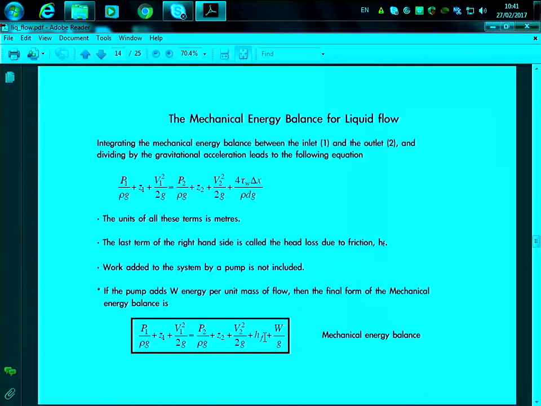Right, so we not only have to take into account the friction in pipes, but also in fittings. So how are we going to look at the friction in pipes and fittings? We have accounted for friction in terms of wall shear stress, but we are basically going to account for it as the frictional force in the walls.